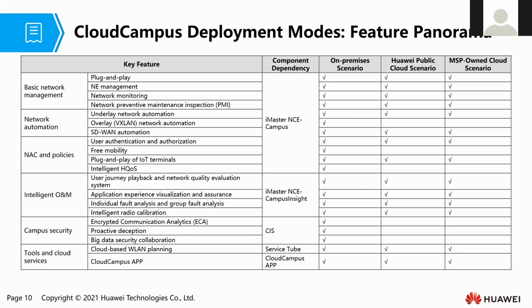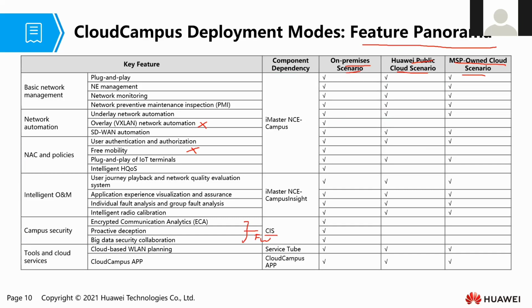So this is the features panorama. Basically, here are the features that are supported in different deployment modes. In the on-premise scenario, all the features will be supported. But for the Huawei public cloud scenario and MSP owned cloud scenario, our NCE or Cloud Campus does not support VXLAN, free mobility, or the management of firewall CIS.